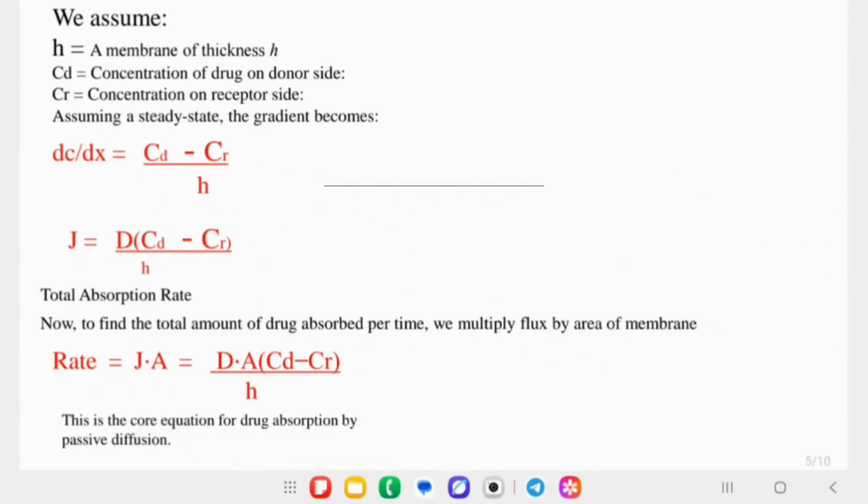Here we are going to express a simple equation. First, small h is the thickness of the membrane. Then CD refers to the concentration of the drug at the donor side, and CR represents the concentration of drug on the receptor side.